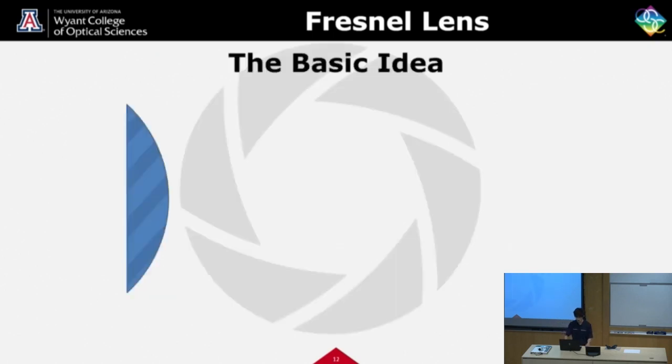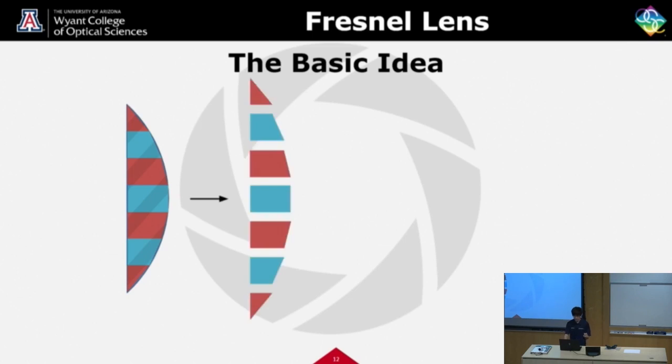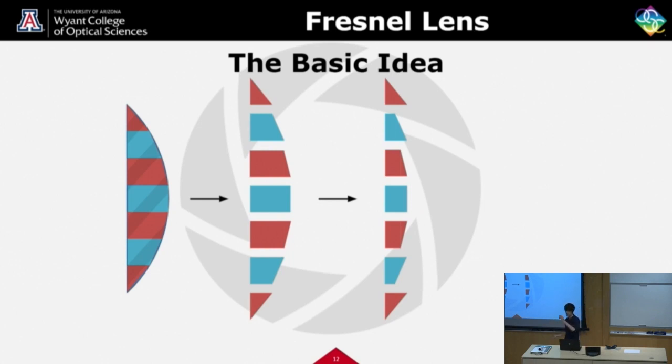And so what we can do is take our traditional lens and split it up into different segments. And these segments can then be made thinner. Each of these segments is thinner on its own, and then once we put them back together, we're left with a lens that is just thinner and uses less material, and therefore is less expensive.